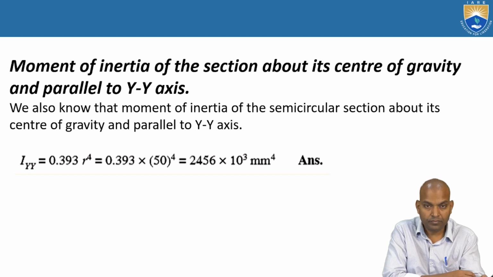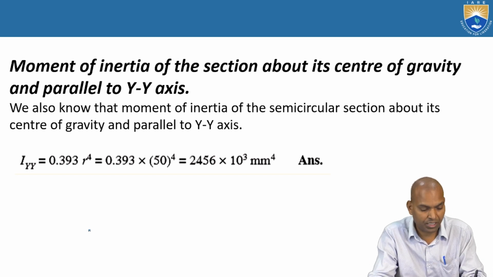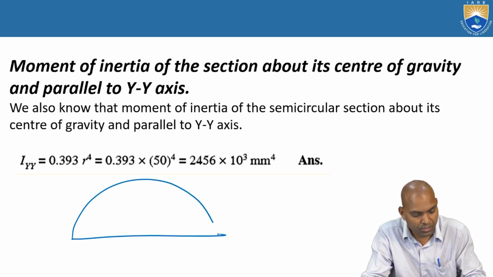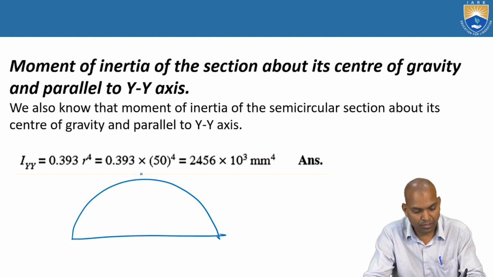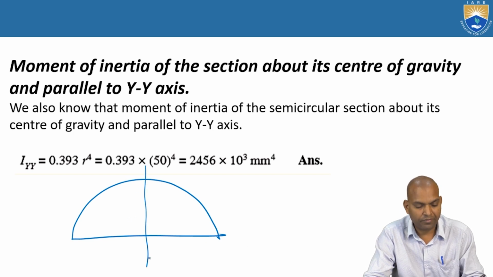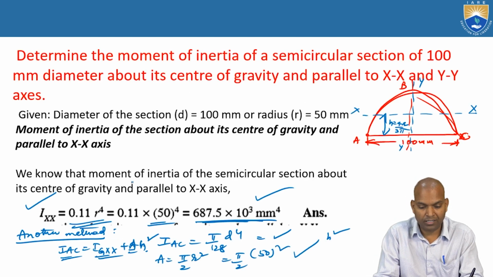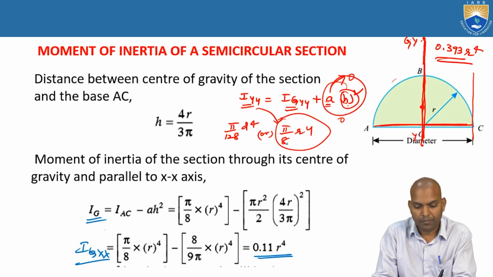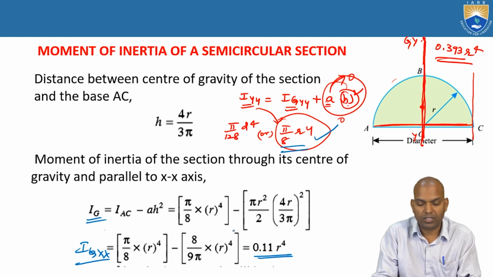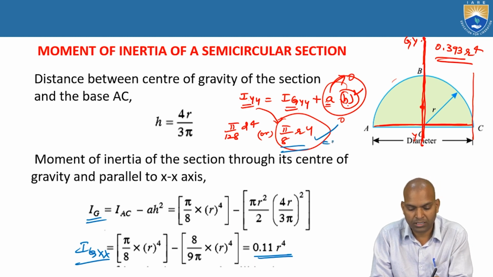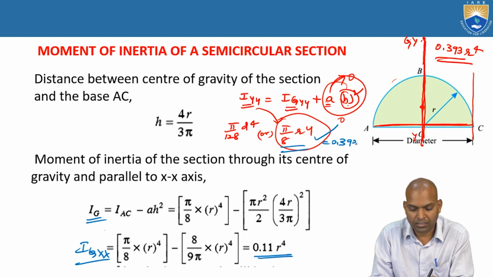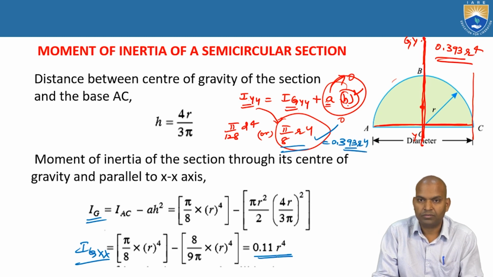Now, we want moment of inertia of the section about its center of gravity parallel to which axis? That is y. For this y axis, as we have derived already, the expression is pi by 8 times r power 4, that is nothing but 0.393 r power 4.